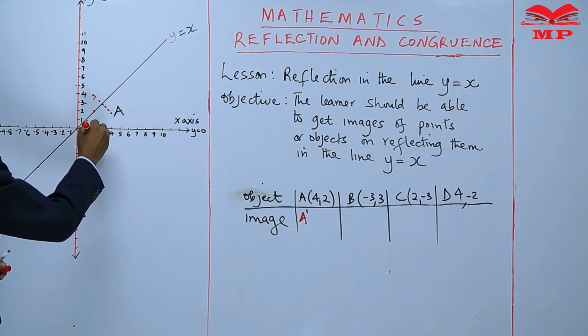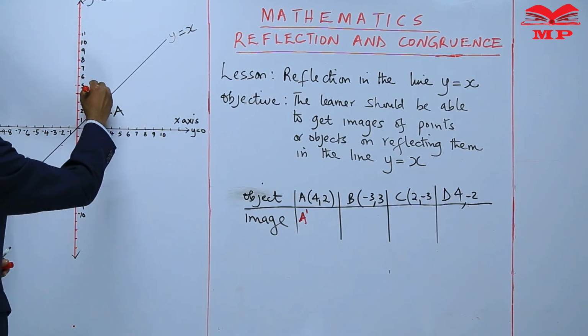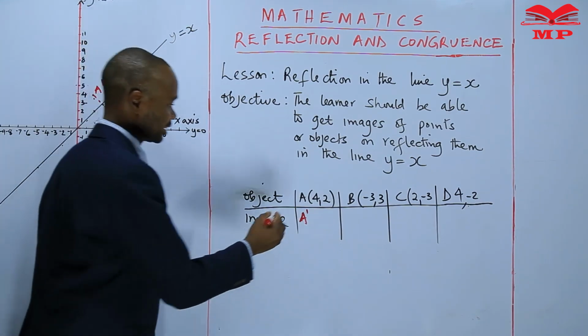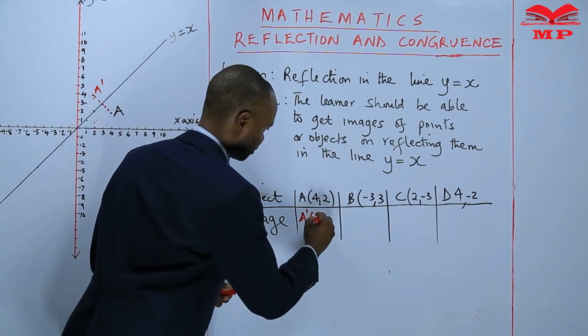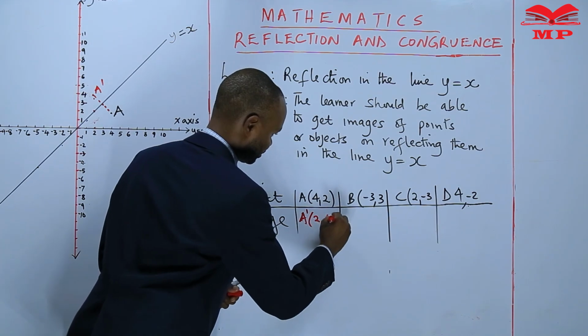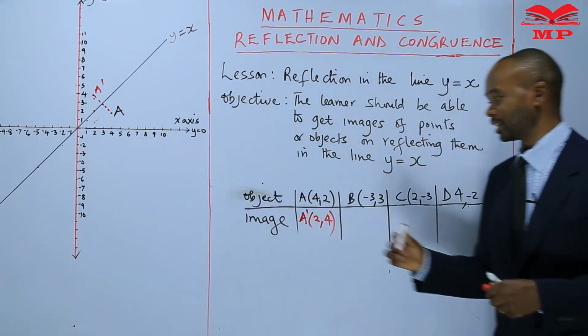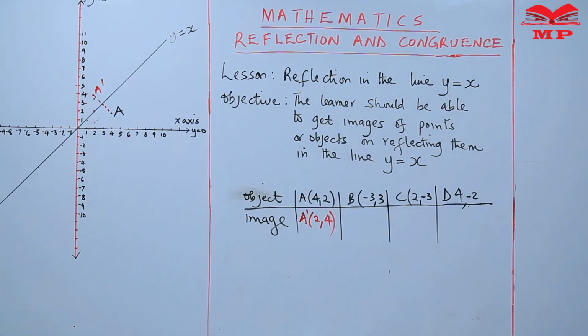You come and get 2, 4. So that is our A prime. Now you start noticing what is happening. What has happened? The coordinates seem to be interchanging.